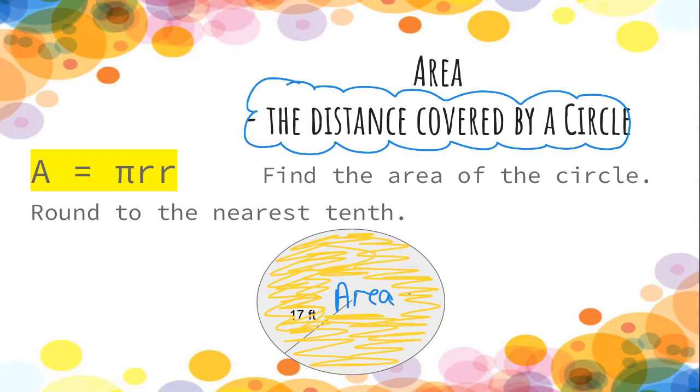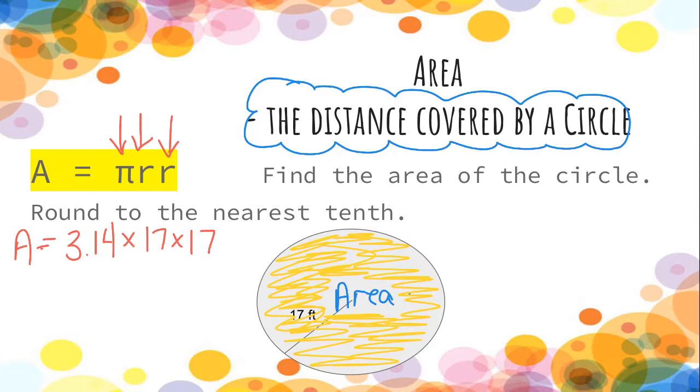All right, to find the area, I'm going to use pi. I'm going to use 3.14 for pi. There's no signs, so that means I'm multiplying. The radius is halfway across the circle, and that was 17. Times the radius a second time, so times 17 again.